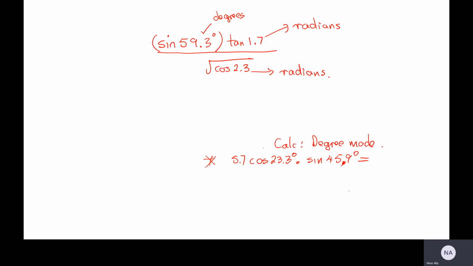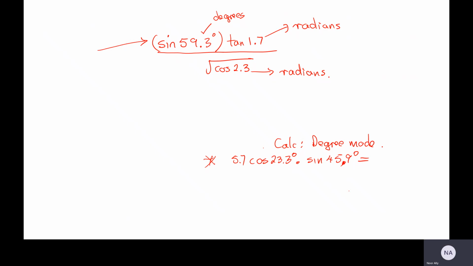Now you're going to have to think carefully. You're going to have to look at the question and decide, for that particular part of the problem, is it degrees or radians? So you'll actually have to do them separately.